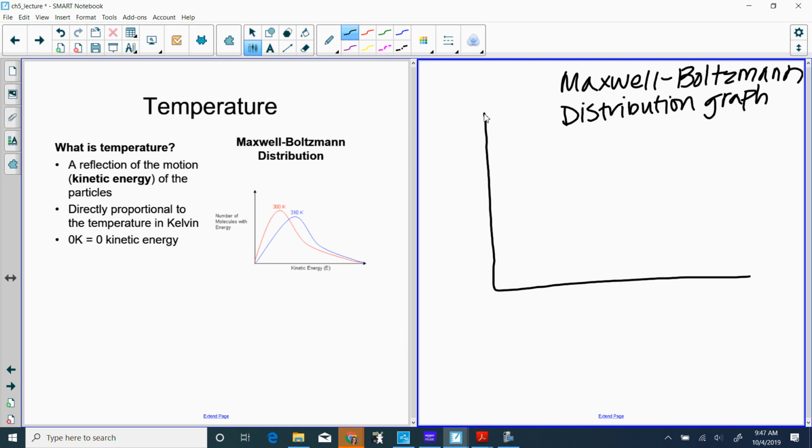A distribution graph is just like plotting a bunch of data points. It tells us if we had 100 molecules, what would they look like? So our x-axis is going to be kinetic energy, and our y-axis is number of molecules.